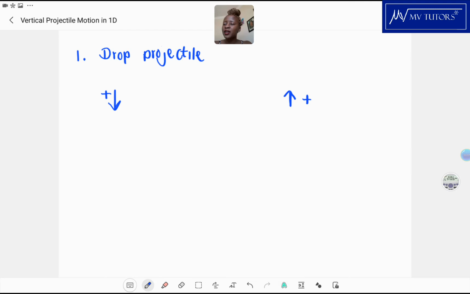All right. So if you drop a projectile, your initial velocity, because you're just dropping it, is going to be 0 meters per second. Okay. For both scenarios. All right. And then what about your final velocity? Well, your final velocity, which is actually your maximum velocity as it touches the ground, will be something meters per second.